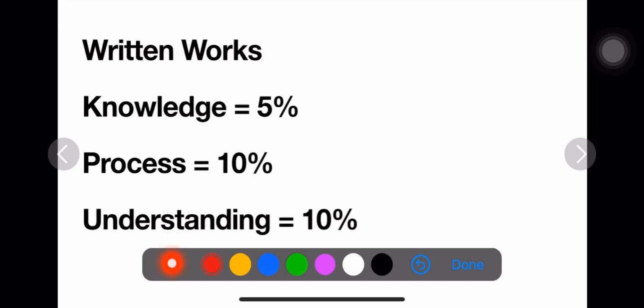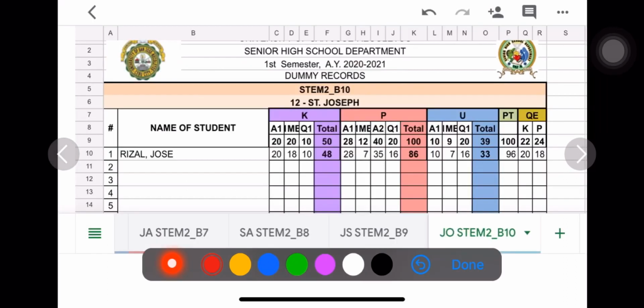So written works, for the knowledge, that's only 5% of your grade. For process, that's only 10% of your grade, and understanding is also 10% of your grade. It means that these columns here are only 5%. For the process, this is 10%.